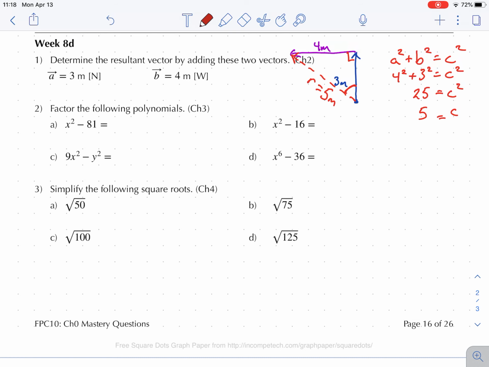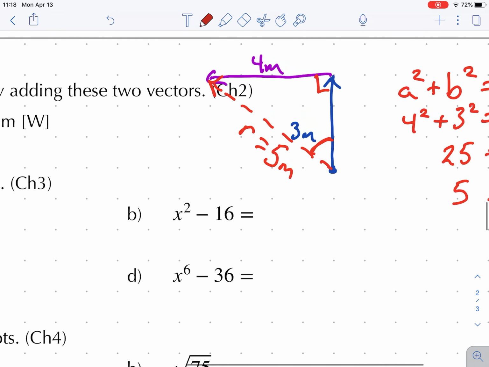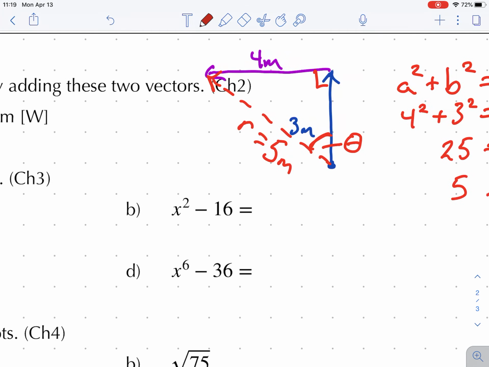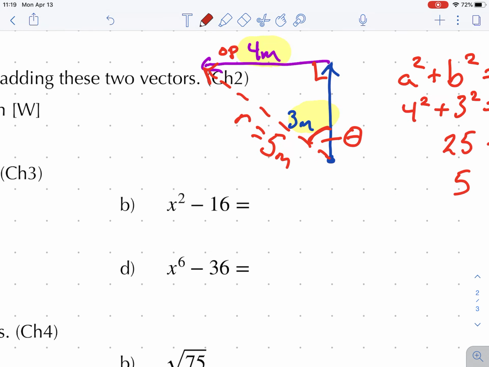Then we need to figure out this angle right here, angle theta. To do that, we're going to use one of our trigonometric functions, sine, cosine, or tangent. Now, I'm going to use this side and this 3 meters right here, which is that side. So those are our opposite and our adjacent sides.